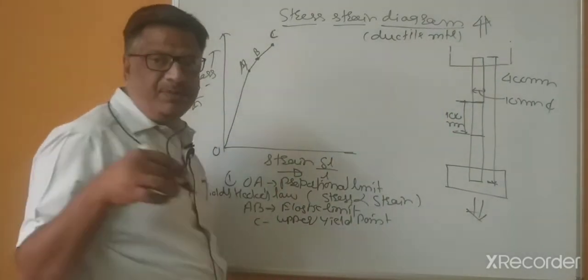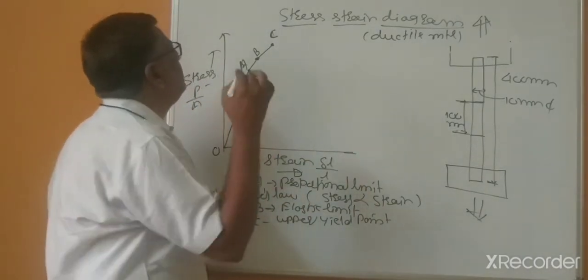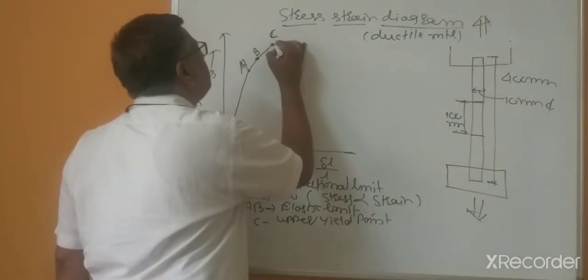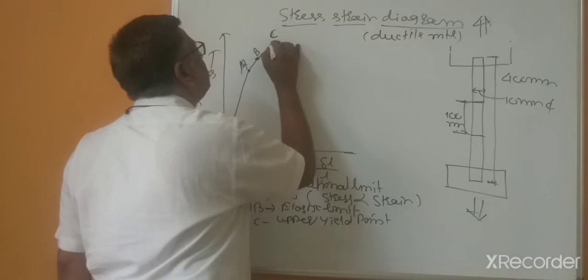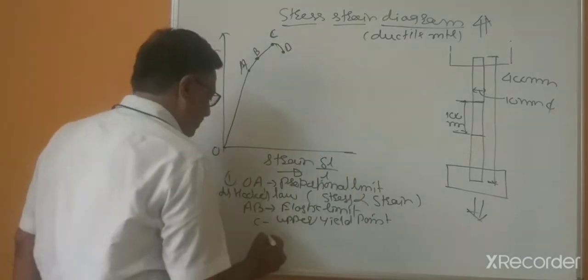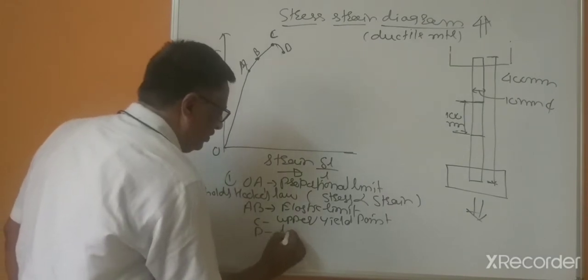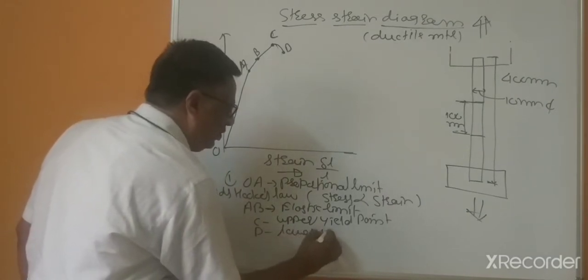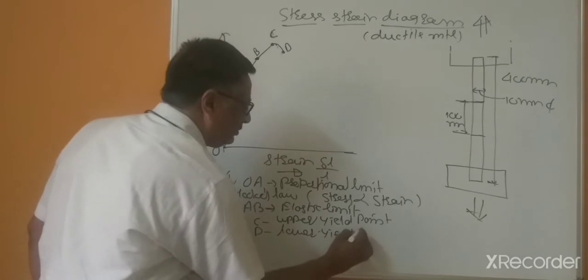Again, from point C, if we are increasing the loads, the curve slightly deviates, and this is point D. Point D is called the lower yield point.